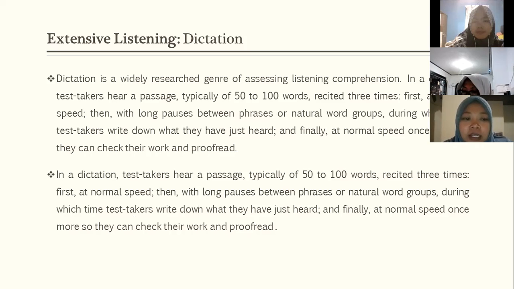The first time is at normal speed, and then with long pauses between phrases or natural word groups. During this time the test taker will write down what they have just heard. And finally, at normal speed once more, so the test taker can check their work and also proofread their work. Next, Nur.